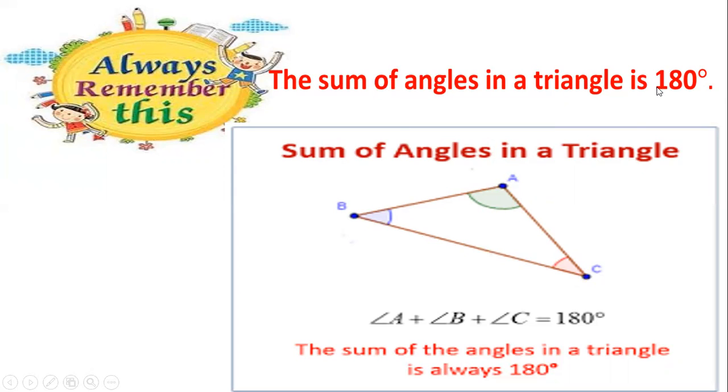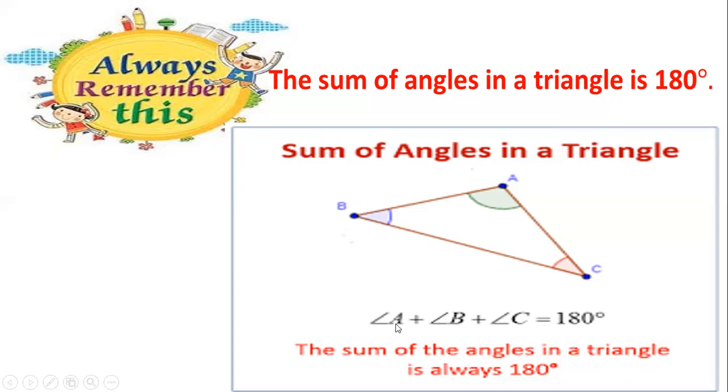What do we mean by this sentence? This angle has a measure in degrees, this angle has a measure in degrees, and this angle has a measure in degrees. So if we add the measure of the first angle with the measure of the second angle with the measure of the third angle, our answer should always be 180 degrees.